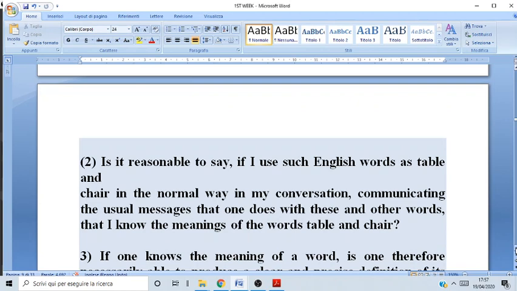Is it reasonable to say, if I use such English words as table and chair in the normal way in my conversation, communicating the usual messages that one does with these and other words, that I know the meanings of the words table and chair?